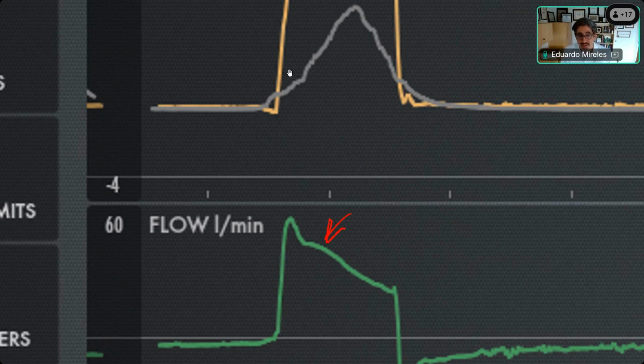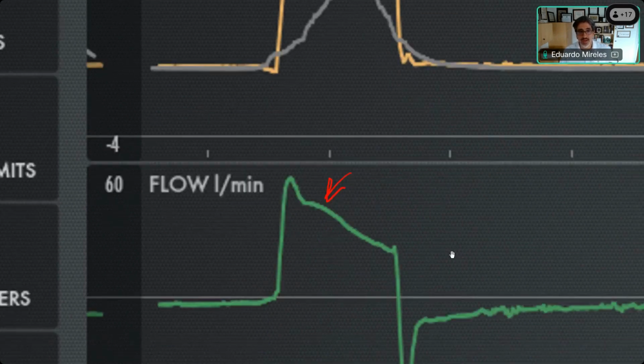And we know that even though it's synchronous, so the patient activity started, there is no color change. So this is a mandatory breath that synced with the activity of the patient, but it was not the patient triggering the breath.